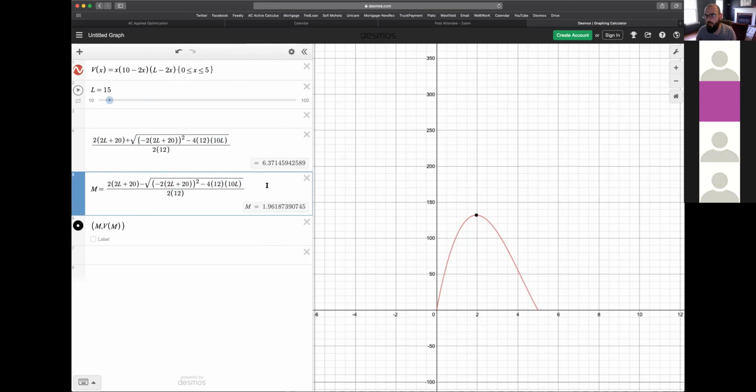Okay, so I want to pause here and kick it over to you all, because a lot of what we did here is pretty deep. There are lots of different letters happening. X is our variable, L is a parameter. Lots of stuff going on here.